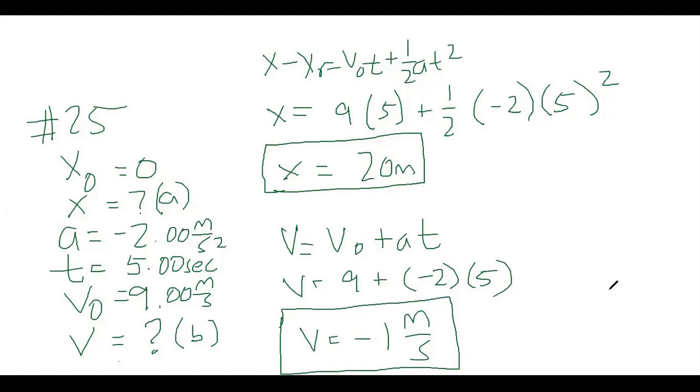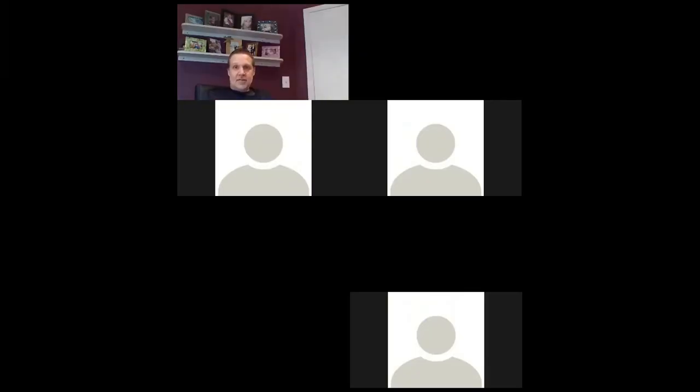So, all right, we're going to do a little poll. Thumbs up if it makes sense, thumbs down if it doesn't make sense. I got myself confused. Thumbs up, it makes sense. Thumbs down, it doesn't make sense.